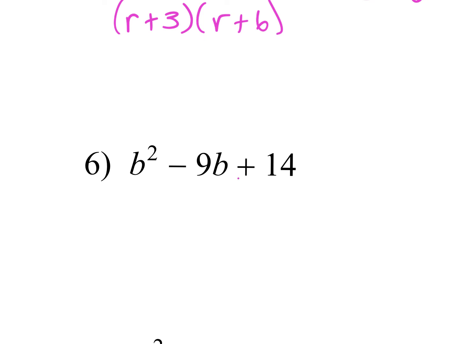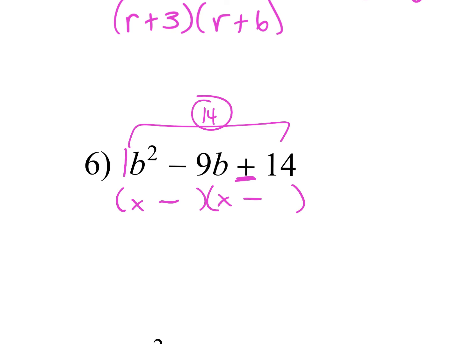Notice that the last sign is positive. Yes? So the middle sign, we use X's. The middle sign is going to go in both parentheses. What middle sign is going in both parentheses? On number 6, what's the middle sign? Negative. So they're both going to be negative, because we're going to multiply A times C. So positive 14.